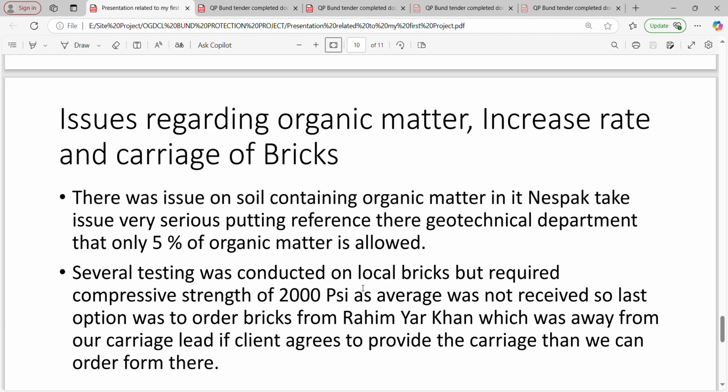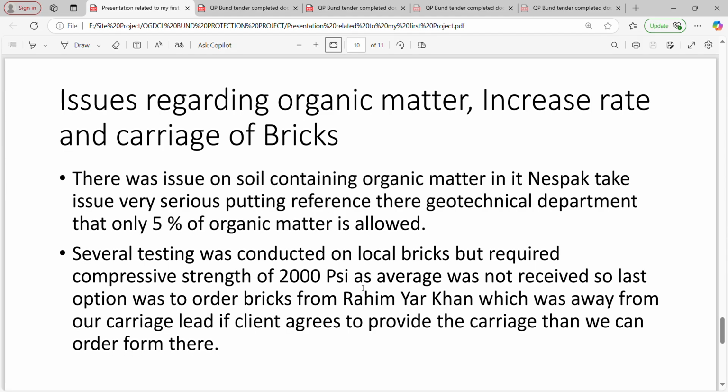There was an issue regarding the organic material because according to the NSFAC, the geotechnical department is very strict regarding organic material in soil, so it was mentioned to use only 5% organic material.